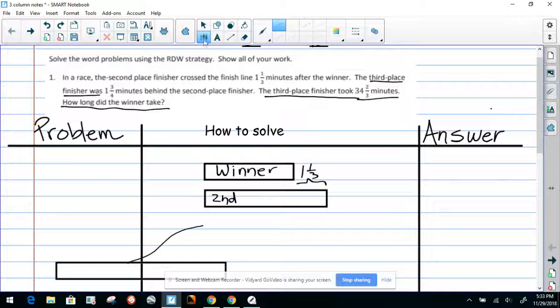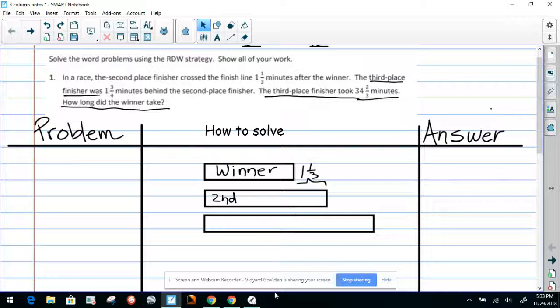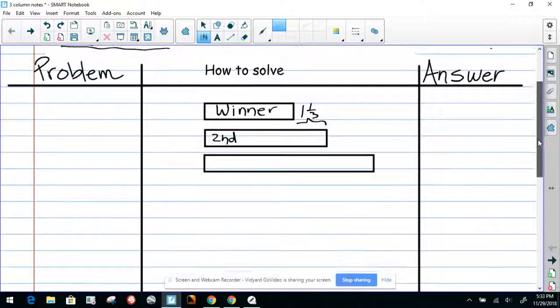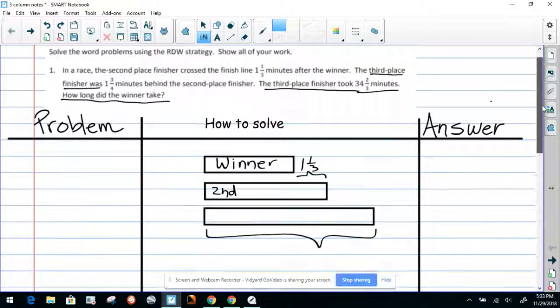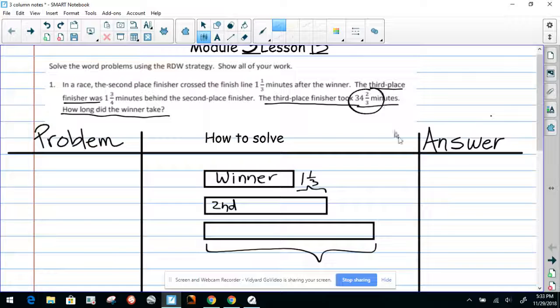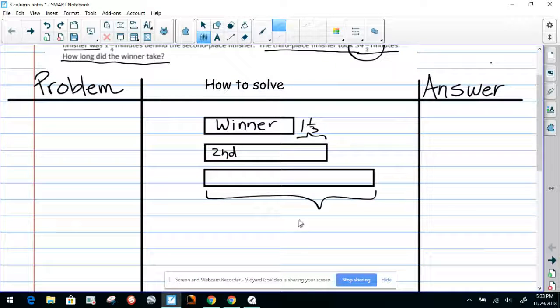So let's show that. Let me select my box over here, and I'm going to show that this person came later, and it took this person a total of 34 and 2/3 minutes.